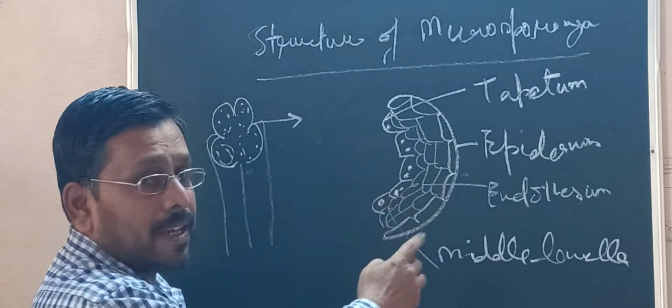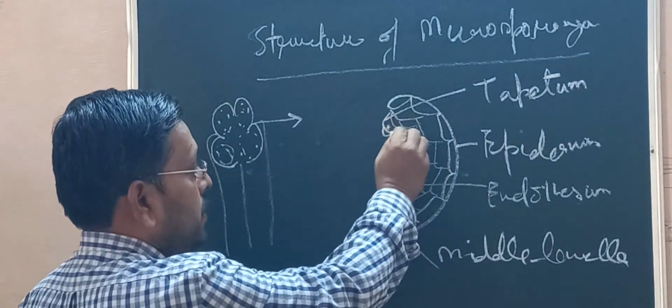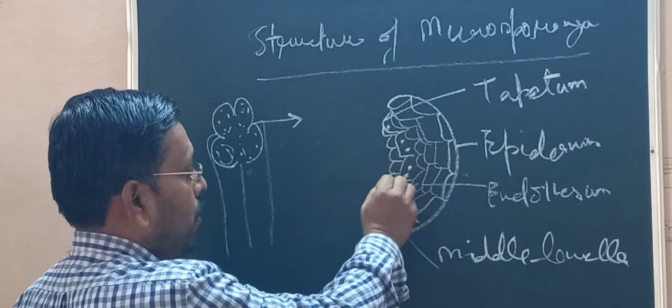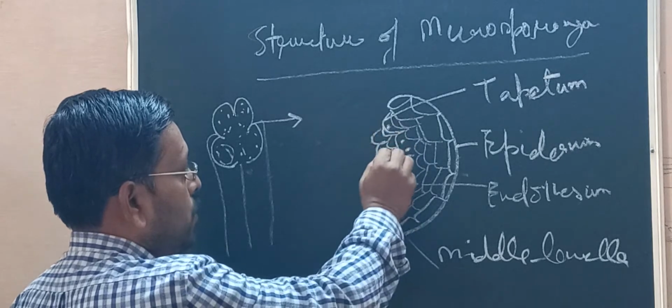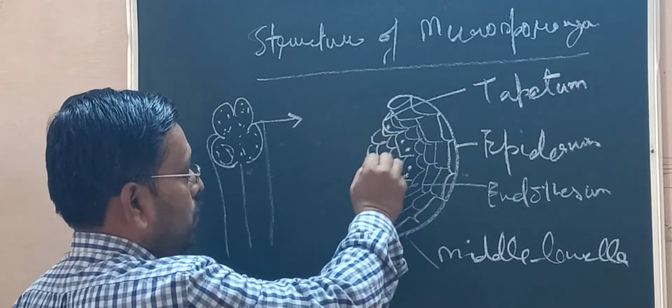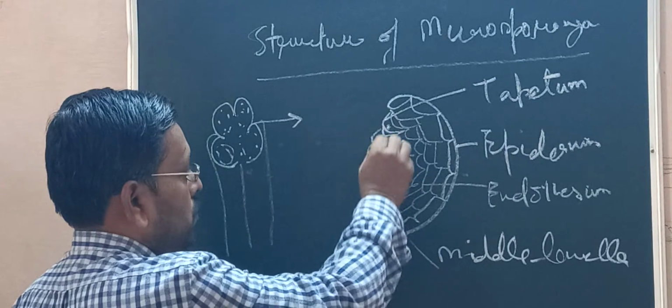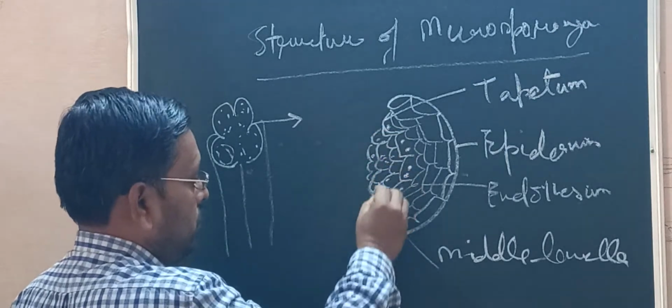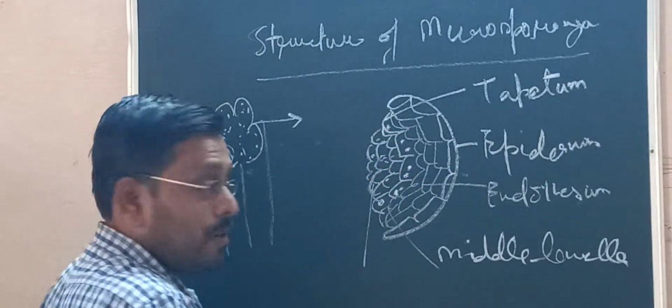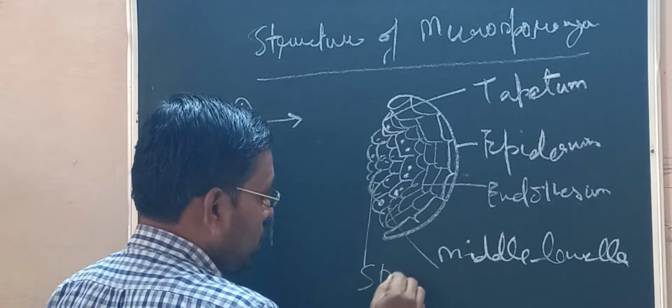After the tapetal cells, there is the sporogenous tissue filling the center. These are the cells of the sporogenous tissue.